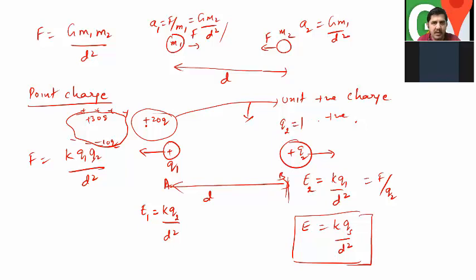Whenever needed, you can put Q2 equal to 1. In any definition or problem, when it says unit positive charge or a unit test charge, the moment you say unit, it means the value of Q2 is 1. The value is plus 1, not minus 1. On the other hand, if it says unit negative charge, Q2 will be equal to minus 1.